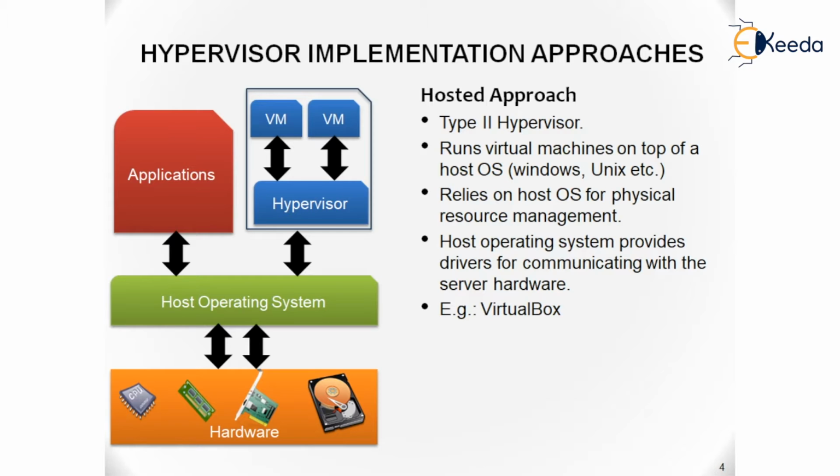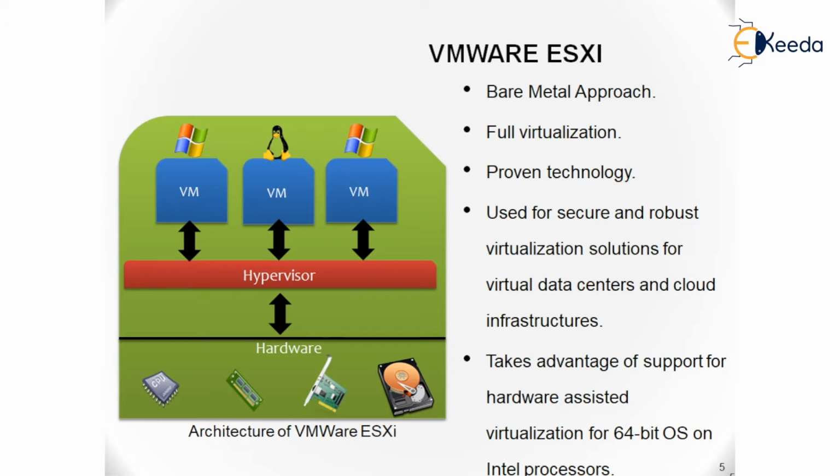Examples like VMware Workstation as well as VirtualBox fall under this category, the hosted approach type. Now, as another example, there is VMware ESXi. It is one of the vendors in the market providing their own hypervisor, which follows the bare metal approach where they implement the full virtualization approach.